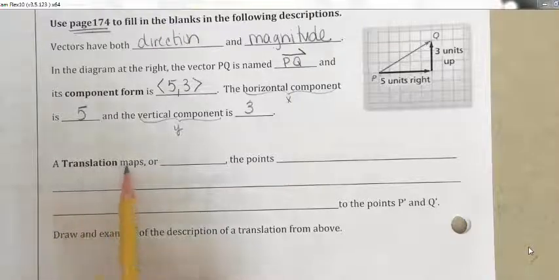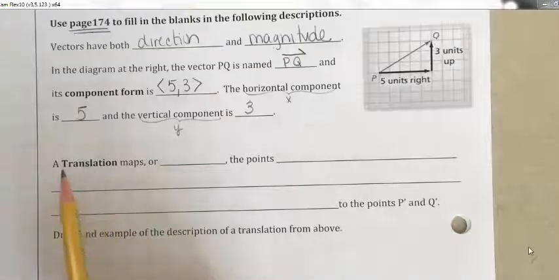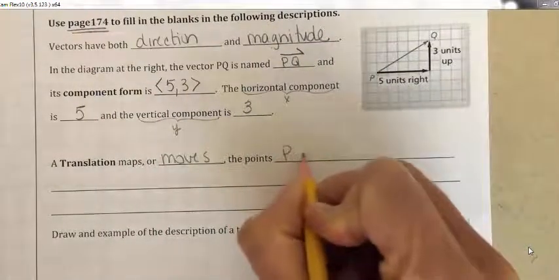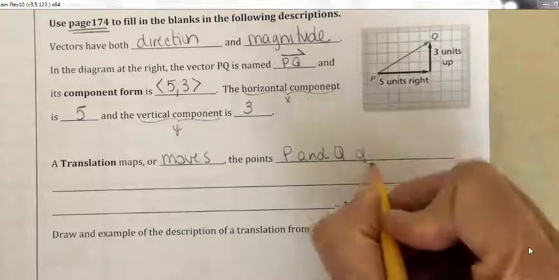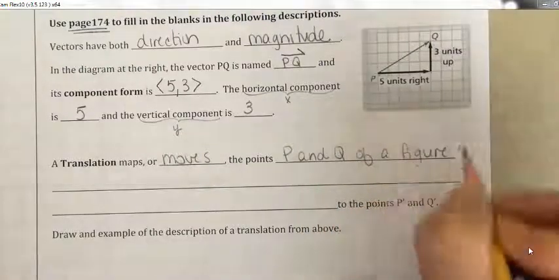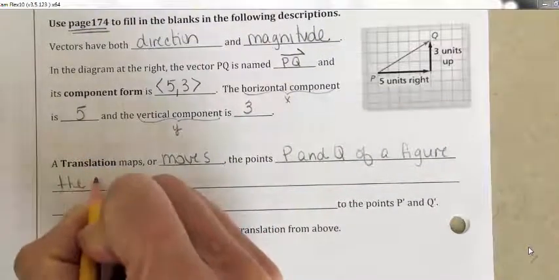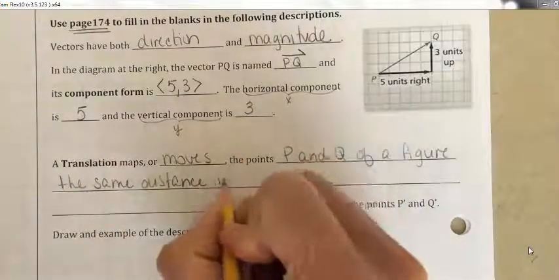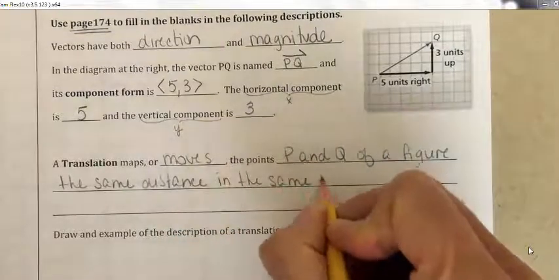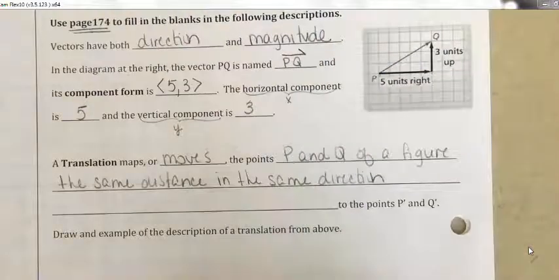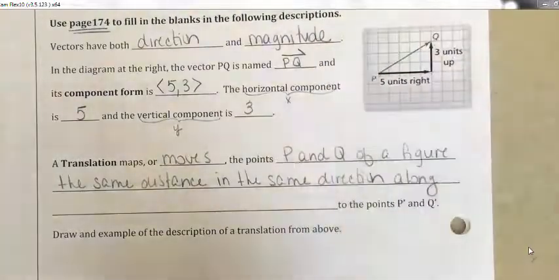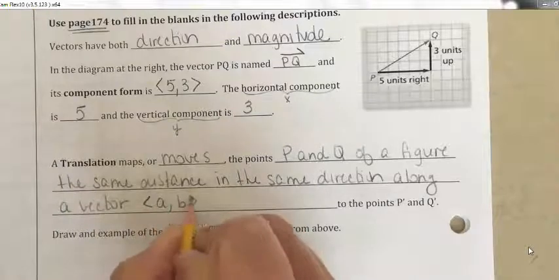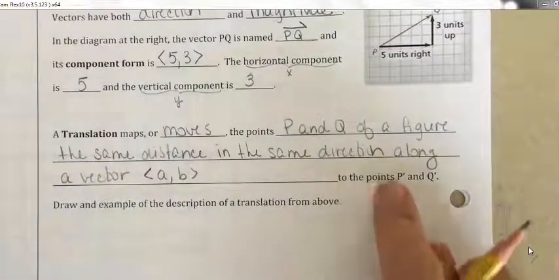Now, a translation, and we reviewed this in our last overview of chapter 4, a translation maps or moves the points, we'll use the points P and Q, of a figure the same distance in the same direction along a vector, with a horizontal component and a vertical component, AB, to the points P prime, Q prime.